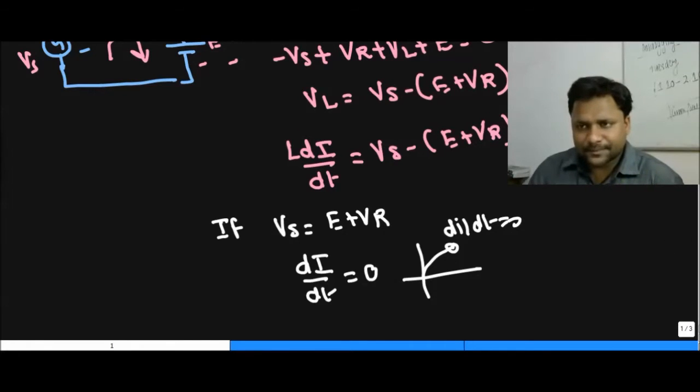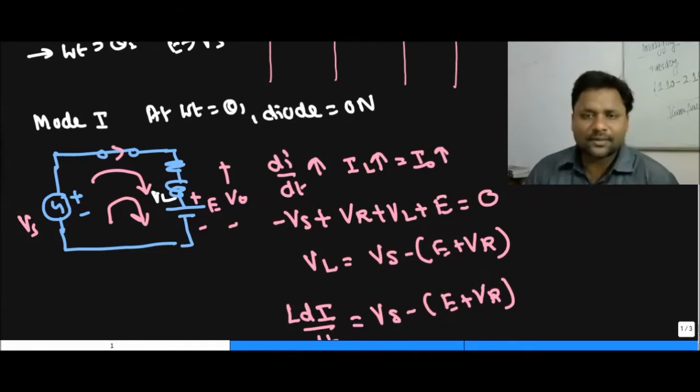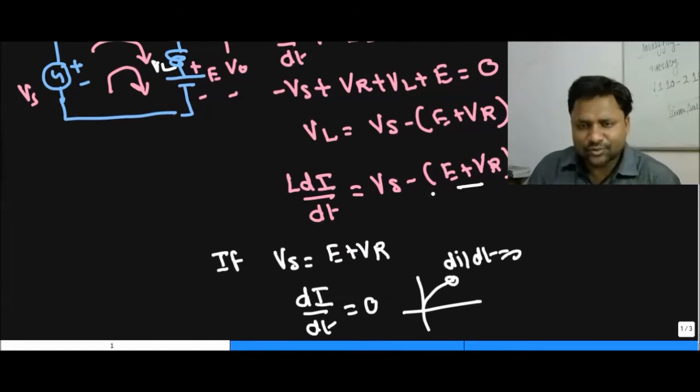So here, as the diode becomes on at omega t equals theta 1, the current increases in the inductor, energy is stored in the inductor, and at a certain time there will be a condition when this voltage equals this voltage, and di by dt becomes 0. It shows that there will be no change in current and the current achieves its maximum point.